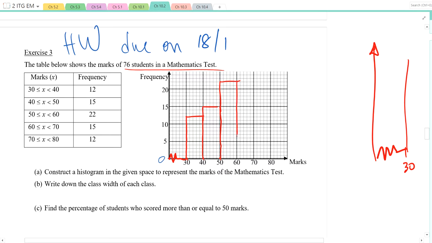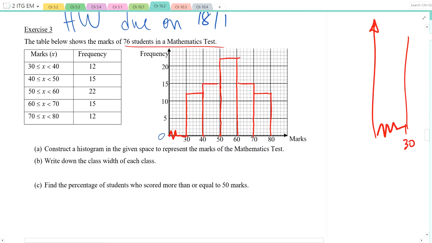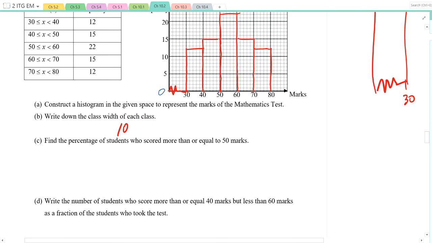Easy stuff. 60 to 70, we've got 15. 70 to 80, it is 12. Okay, so this should be our histogram. Part A is done. Write down the class width of each class. Do they all have the same class width? How much is it? 10. With the units being marks.